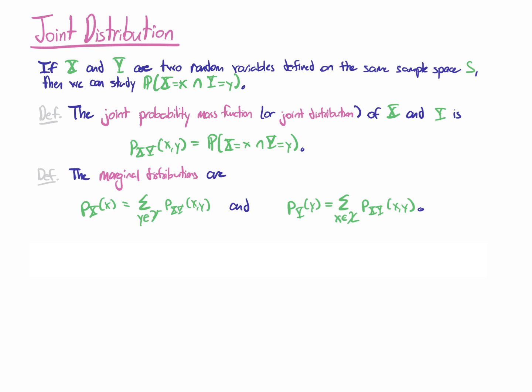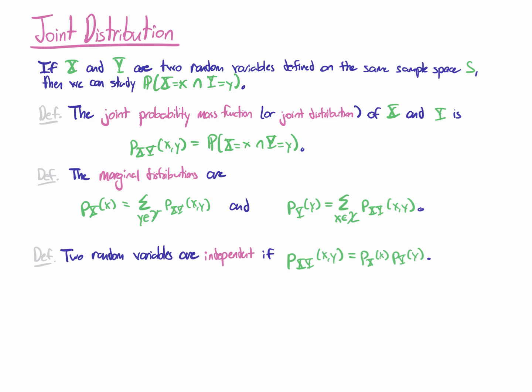A very useful property here is that the joint probability mass function and the marginal distributions will tell you whether or not these random variables are independent. So by definition, two random variables are independent. Similarly to the idea of events being independent, we can also talk about random variables being independent.